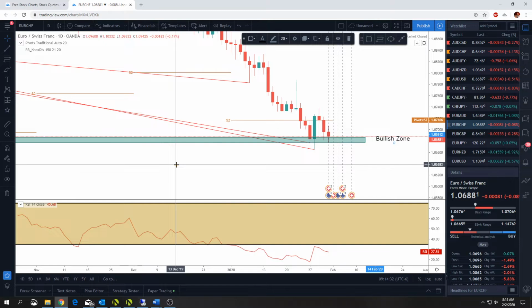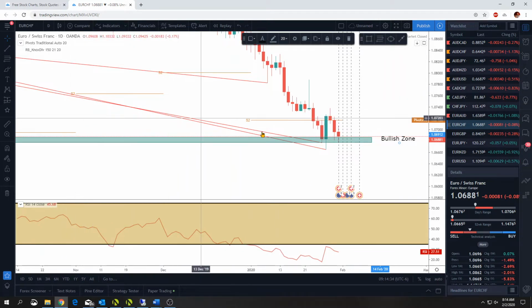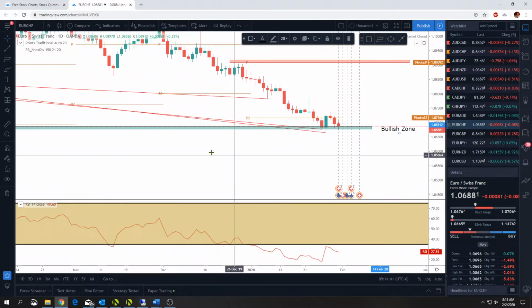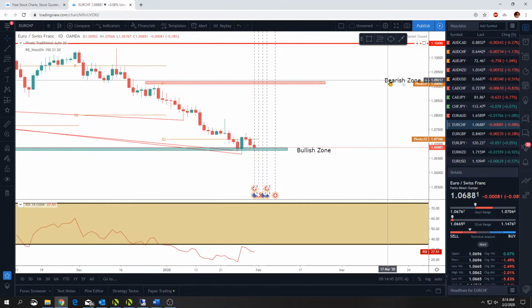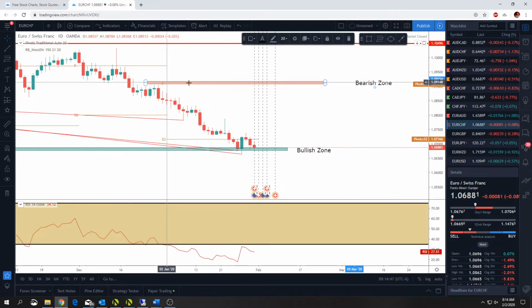We're starting to see the signs, right? Divergence on a daily is a big indication that we have a turnaround possibly coming. We're not bearish till this pivot. We have a missed pivot. So if we get some strength in the euro or a little bit of weakness in the Swiss franc this week, I like this pair going long back up to this missed pivot. It has a great target.